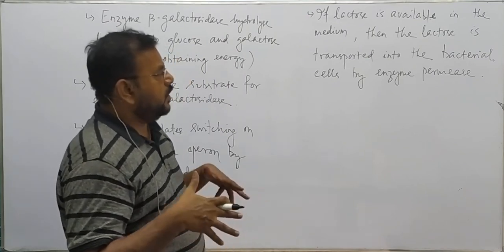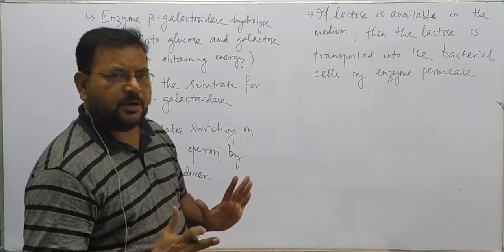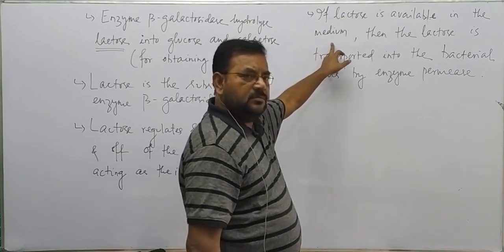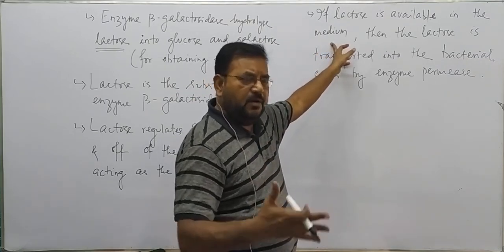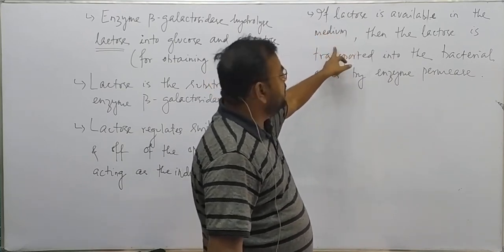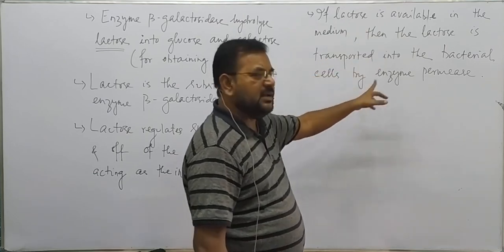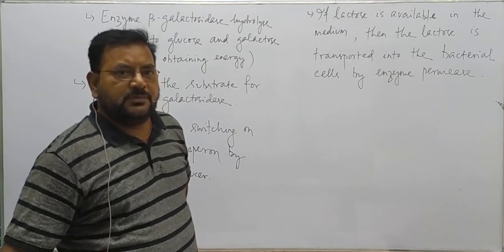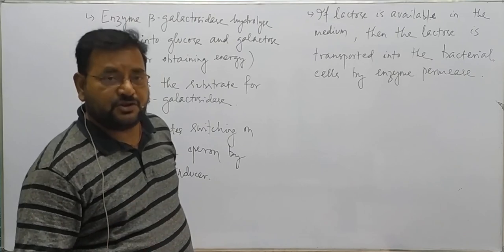If the lactose is unavailable, then the operon system will remain switched off. If lactose is available in the medium, then that lactose has to be transported from the outside medium into the bacterial cell. It is transported by an enzyme, permease, which is produced by the Y structural gene.